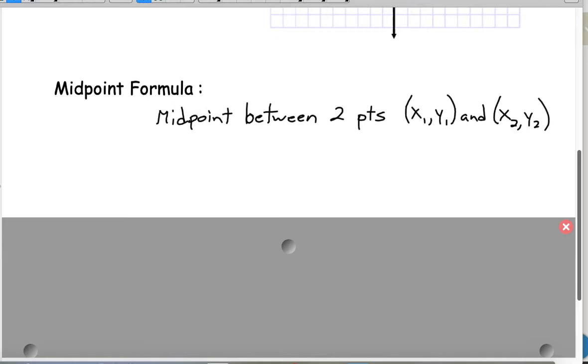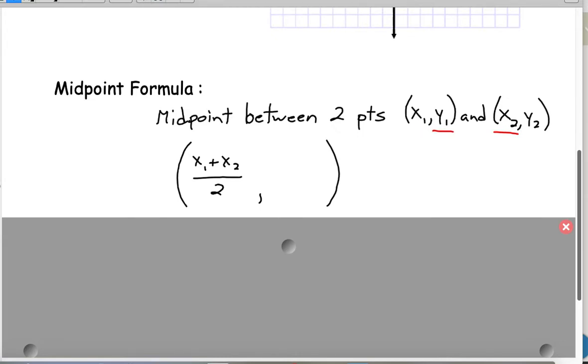And so here's the formula. To get the midpoint, remember now, your answer is a point. So it's going to look like this. First we look at the two x numbers and average them. So we're going to do x sub 1 plus x sub 2. And then how do you average something? Add them up, divide by 2.